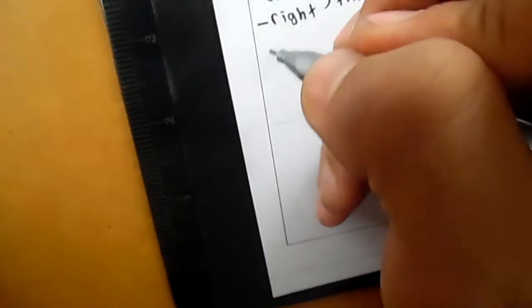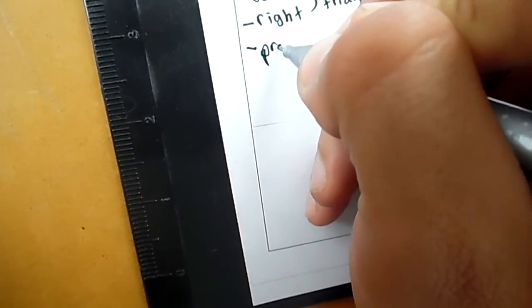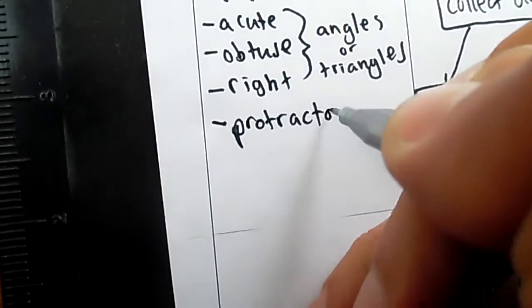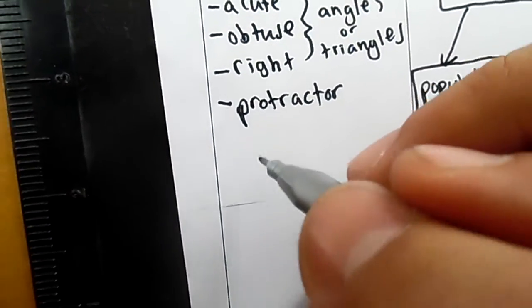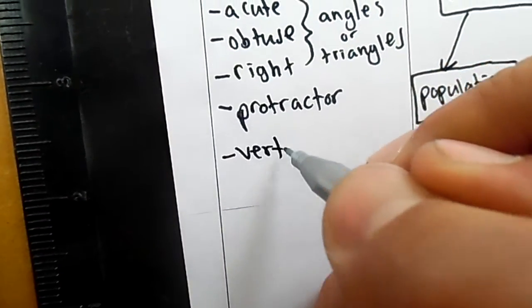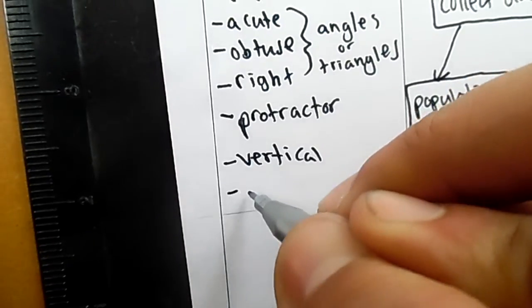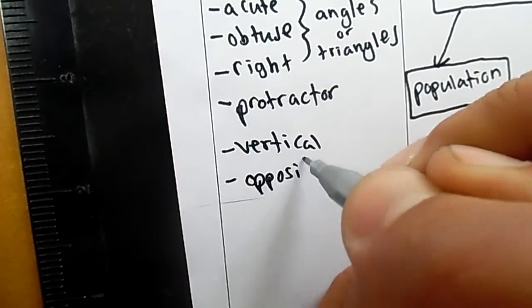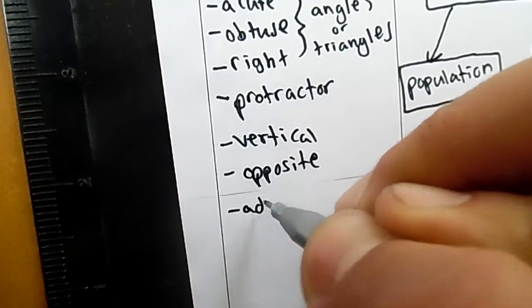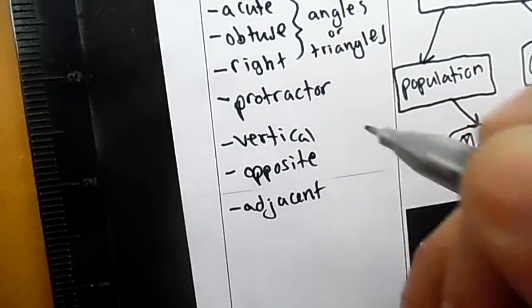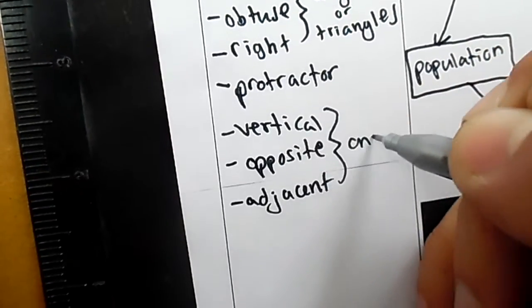We also have protractor. We have vertical, opposite, adjacent, and these are all angles.